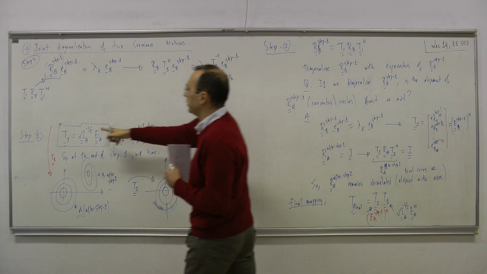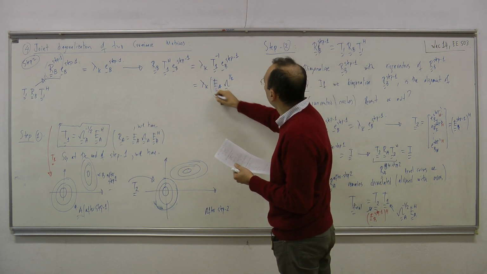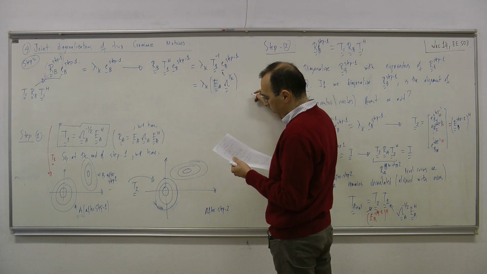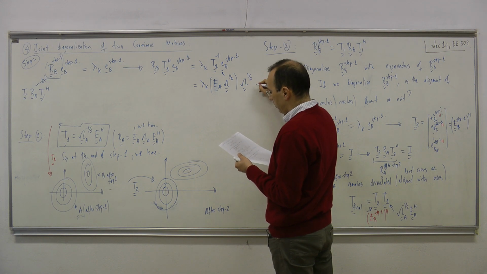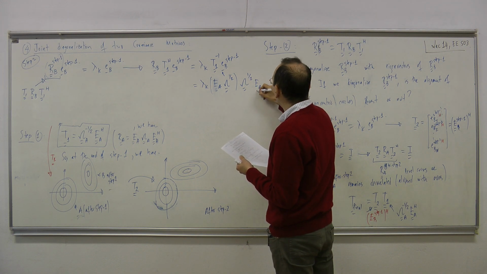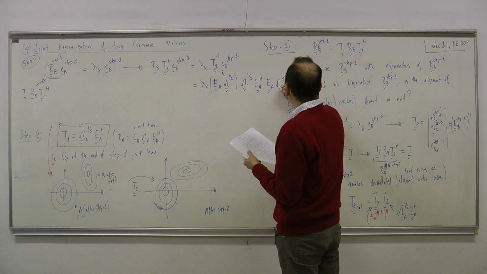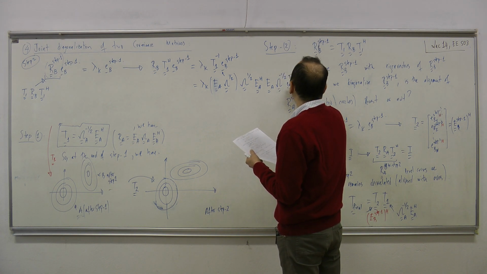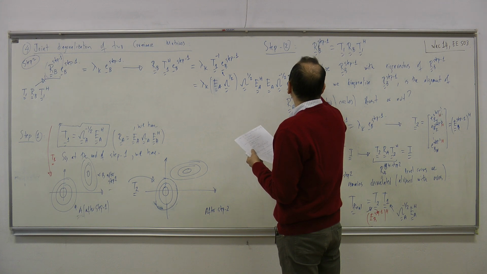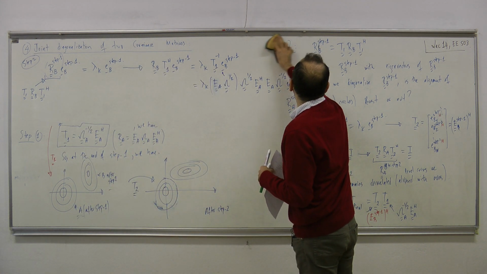This is inverse of this is 1/2 plus 1/2. So this is this part. Now I will introduce some matrices over here. 1/2 EB, step 1, and I will erase some part of this.